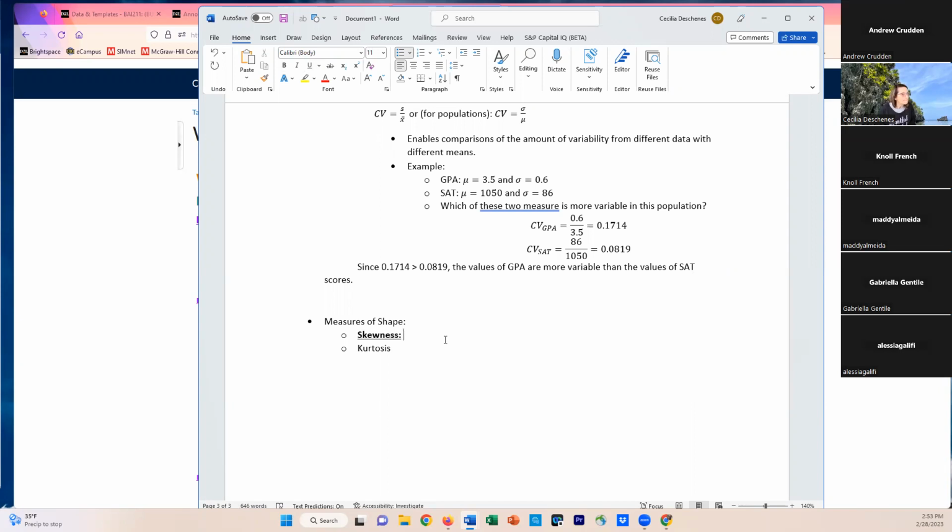So skewness, you already know about a distribution being right skewed or left skewed.